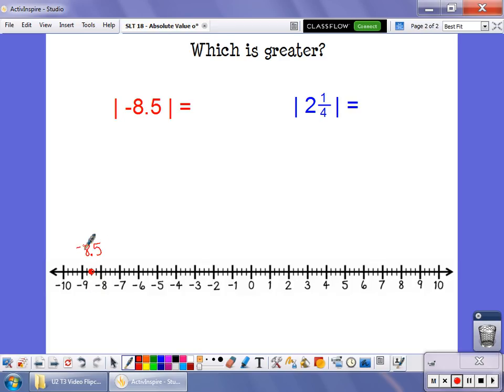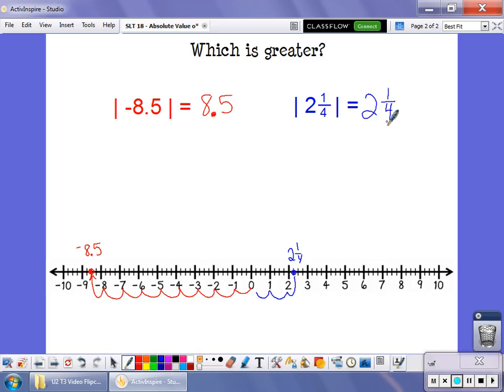That's going to be 1, 2, 3, 4, 5, 6, 7, 8 1/2 units away. So the absolute value of -8 5/10 is 8 5/10. The absolute value of 2 1/4 would be right here, which is going to be 2 1/4 units away.